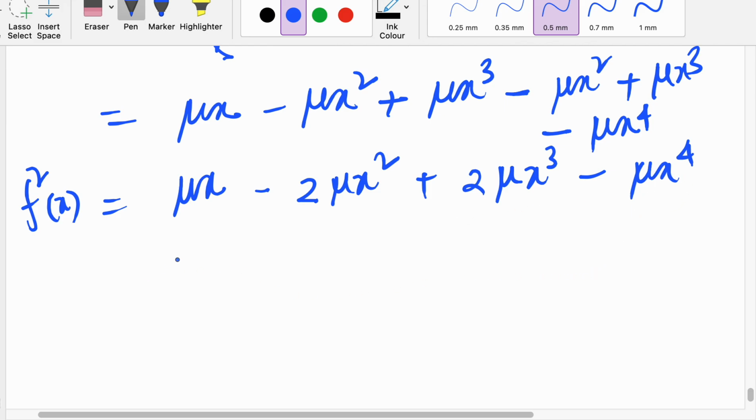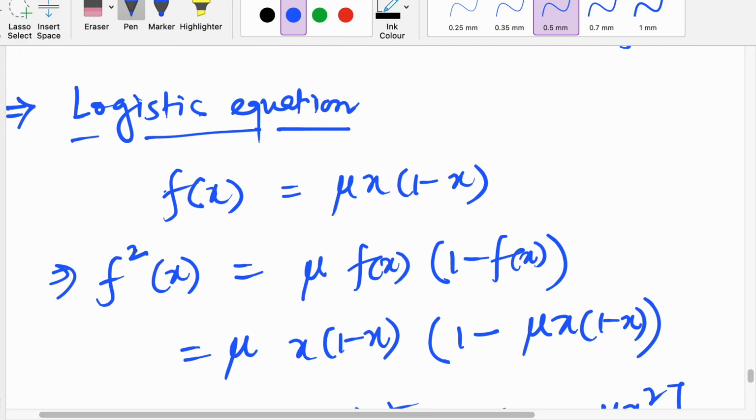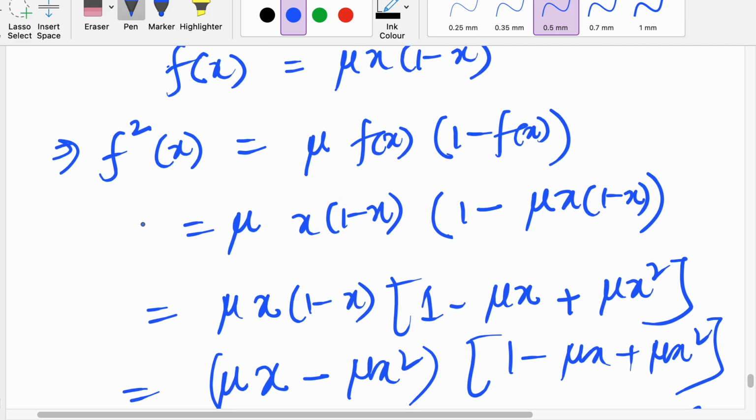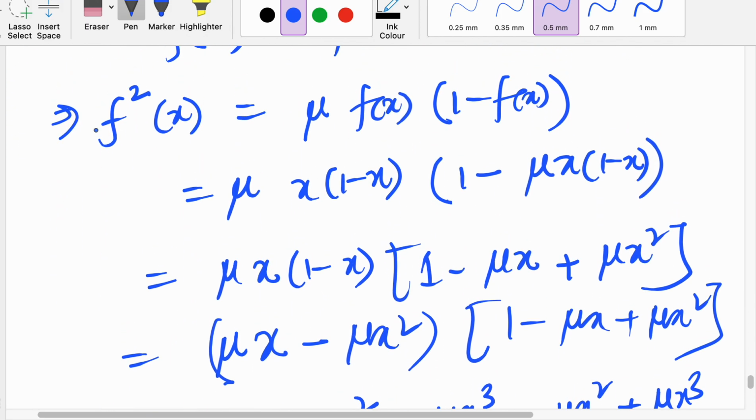Now we know that to find the fixed points here, what will it be? It will be the 2-point orbit. By definition, the fixed point will remain fixed under the action of f square.